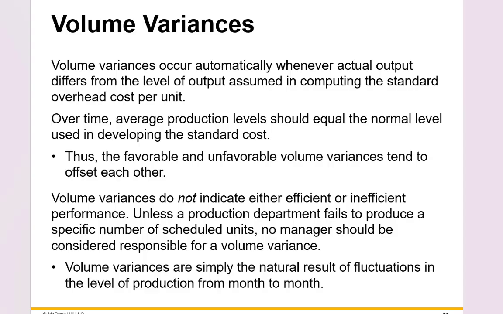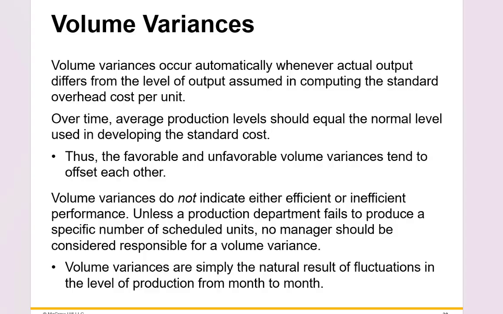Volume variances occur automatically and will always happen when the actual output is different than the standard. That's not something we can control, not necessarily efficient or inefficient. That just says how many we made. And that's not, in some sense, the fault of our overhead variance.